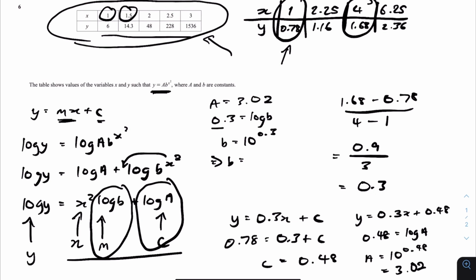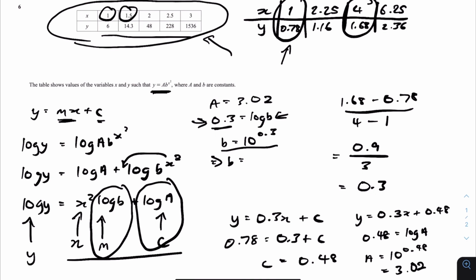Because we're raising both sides to the power of 10, right? If we did 10 to the power of log b, that's just the same thing as b. So that's why these two are equal here.